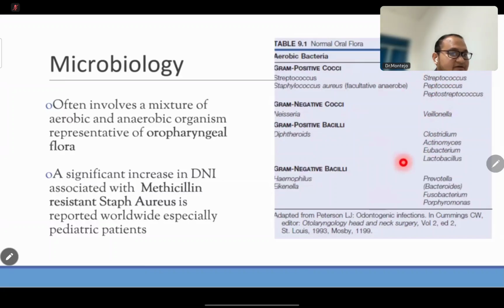In any deep neck infection, there is no single isolated bacterium. Usually there are many. What's important is to know the ongoing concern of bacterial resistance, commonly MRSA or methicillin resistant Staph aureus. They have become more common in pediatric patients.